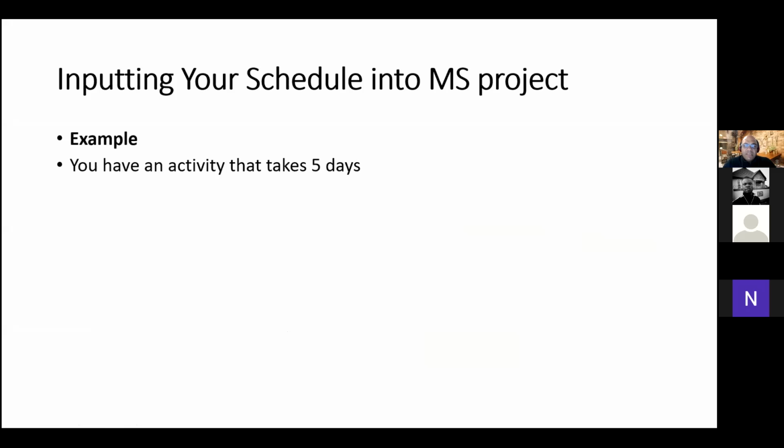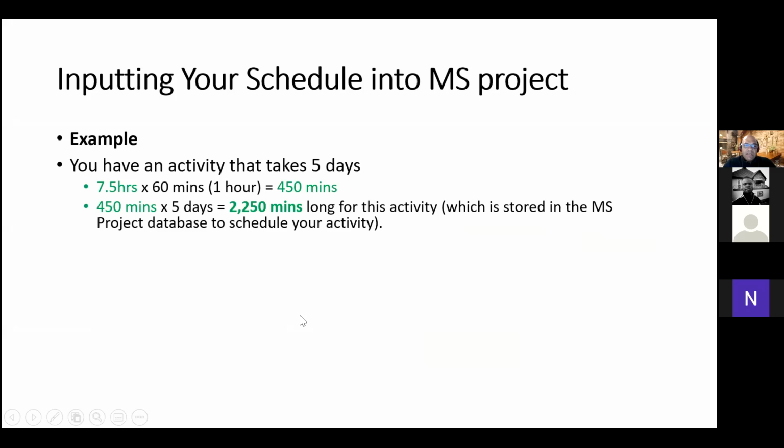So let's say you have an activity that takes 5 days. 7.5 hours times 60 minutes is equal to 450 minutes. 450 minutes times 5 days is 2,250 minutes for one activity, which is how Microsoft Project will store this in its database.